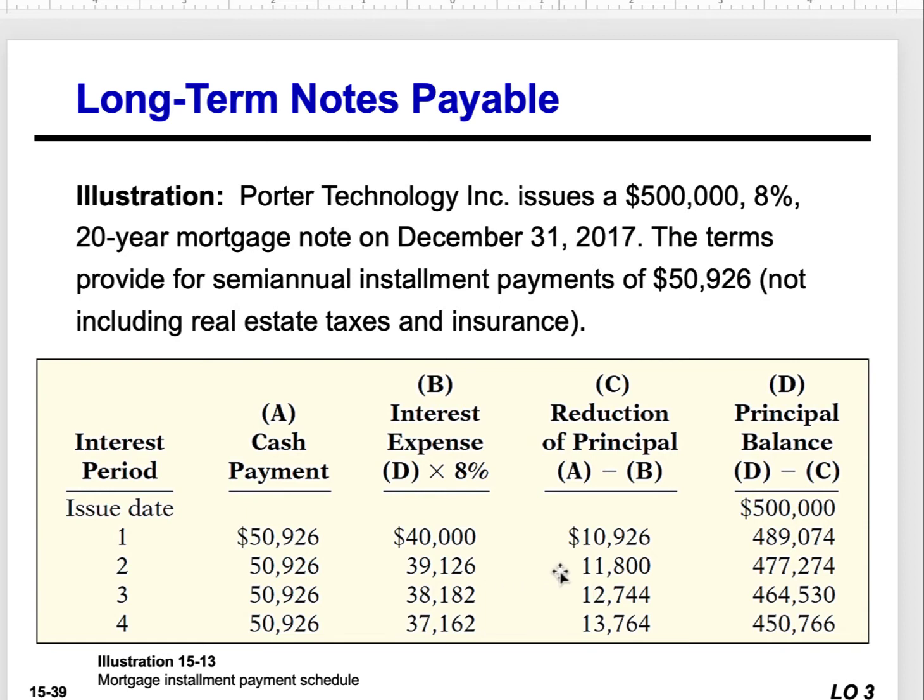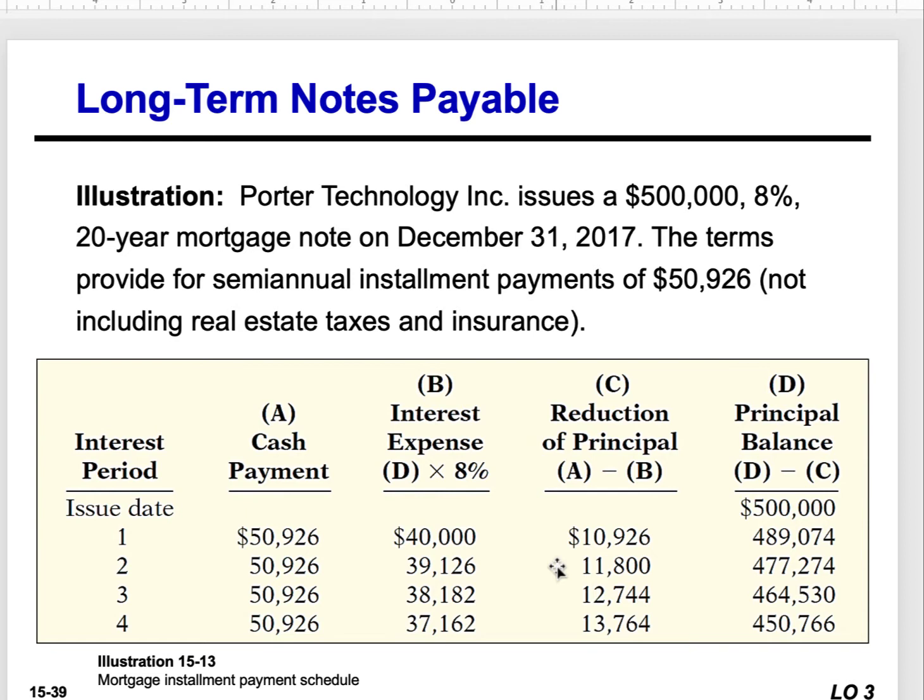Now, we have the second period. We already calculated the interest. From that second installment payment, how much of that payment goes towards reducing the principal balance? Well, we subtract this period's portion of interest expense from the amount of the payment, and we get $11,800. So that means that the principal balance is going to be reduced by $11,800.